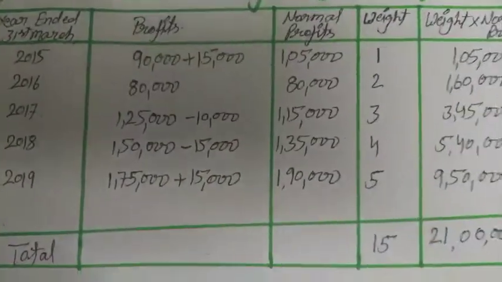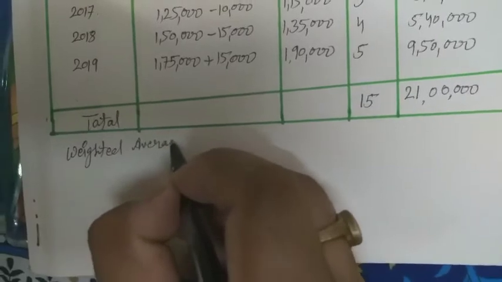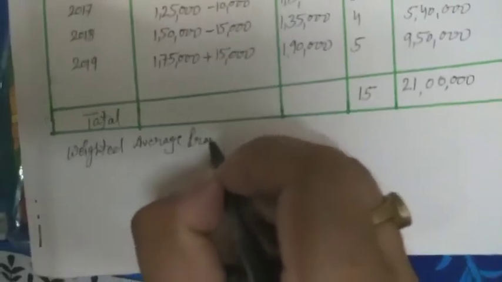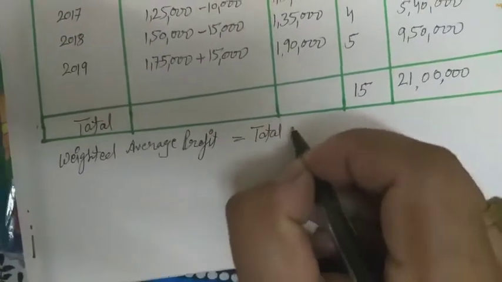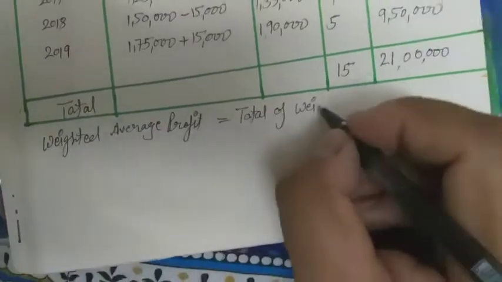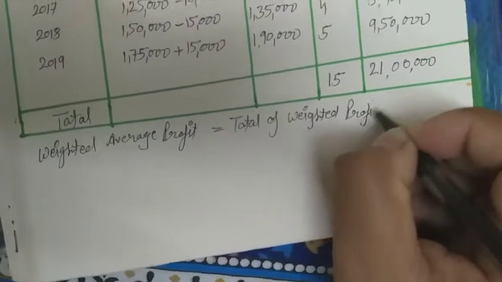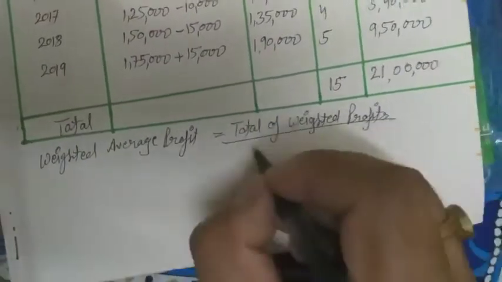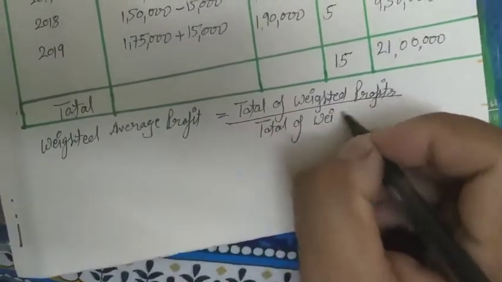Now once again we will put the formula of weighted average profit. It is equal to total of weighted profit upon total of weight.